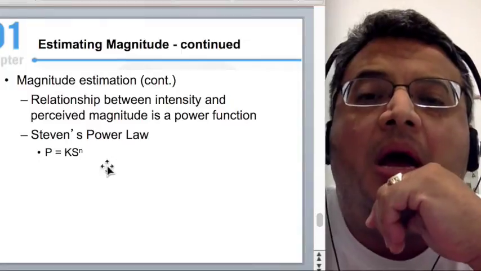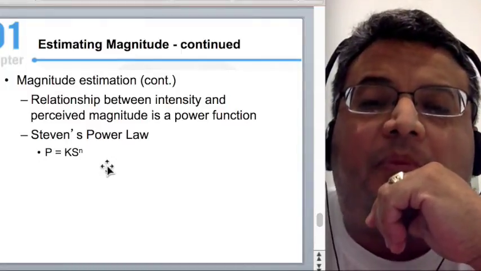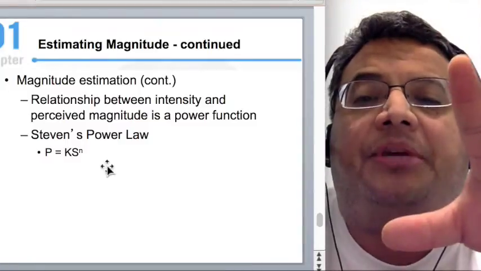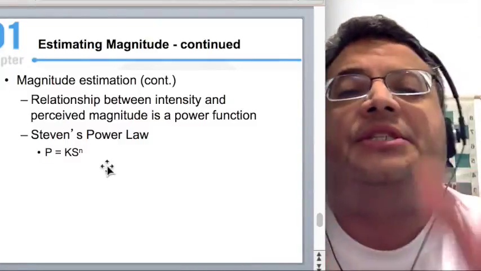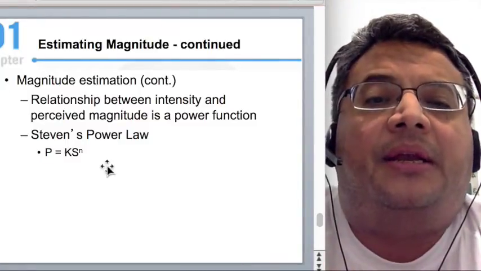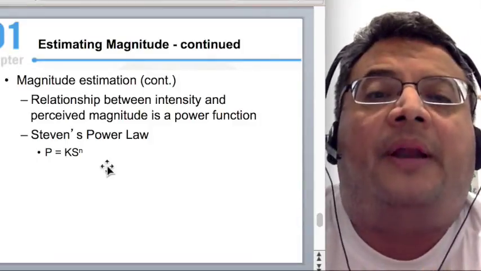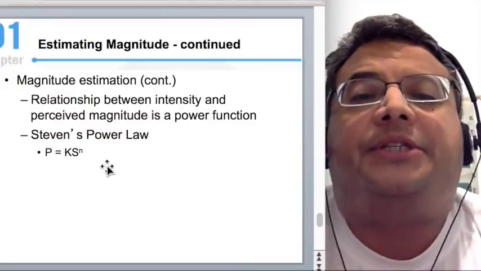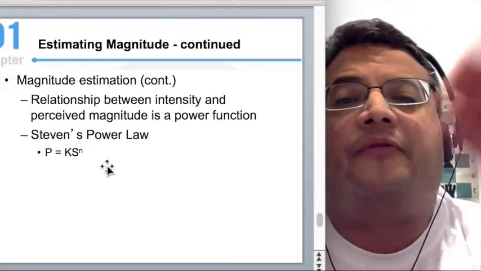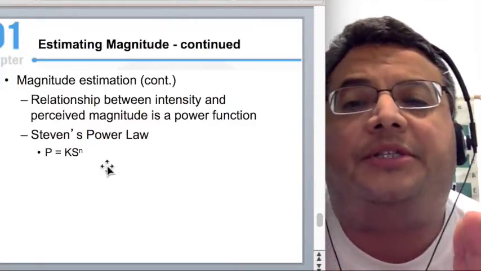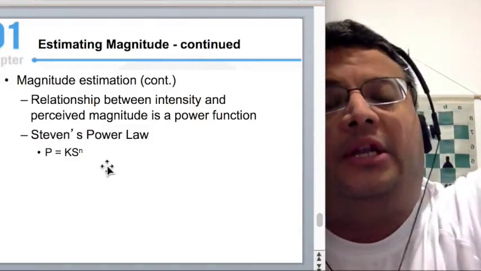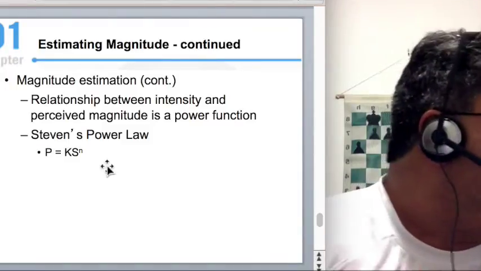That tells us there's a direct relationship between how intense a stimulus is and how it's perceived. That relationship can give us either response compression, where it goes up for a while and then flattens out, or response expansion, where it starts out slow and then quickly powers up.